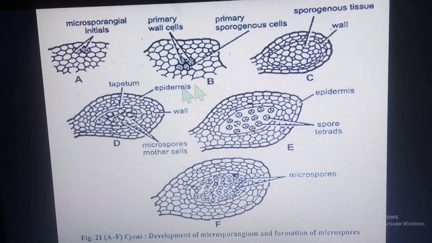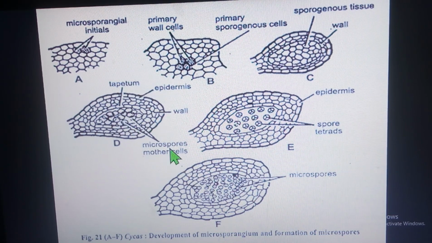So again, I will repeat that the outer layer of the sporogenous tissue will form the tapetum, and of the other cells, some will increase in size and become the microspore mother cells, and other cells will disintegrate with the tapetum so as to provide nourishment to the growing microspore mother cells.